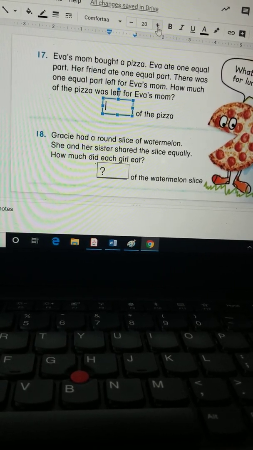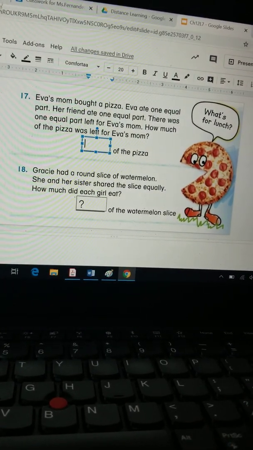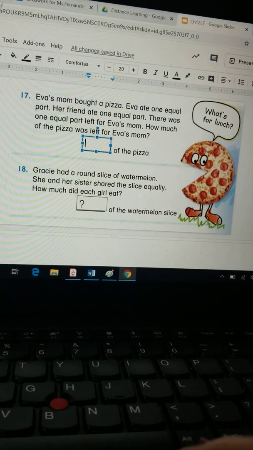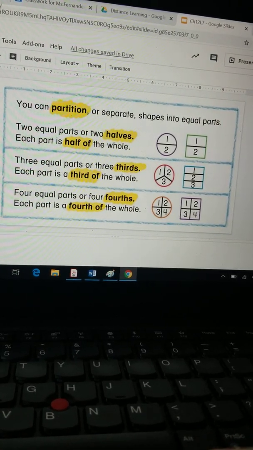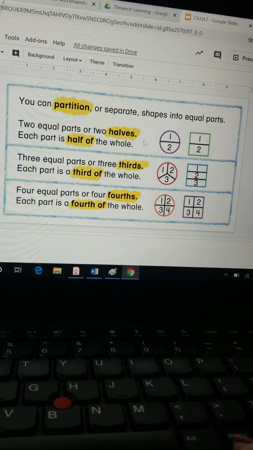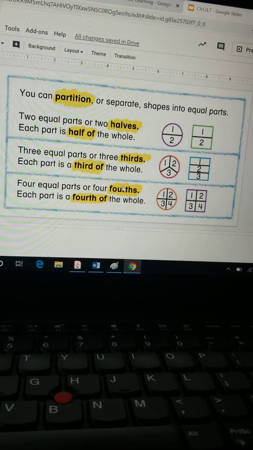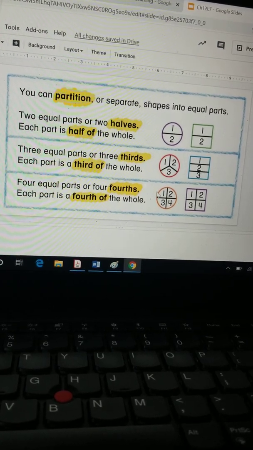It should be around the same for number 18. Hopefully that made sense. All it really is is new vocabulary. So just try and read this over and make sure you understand that halves means 2 pieces, thirds means 3 pieces, and fourths means 4 pieces.